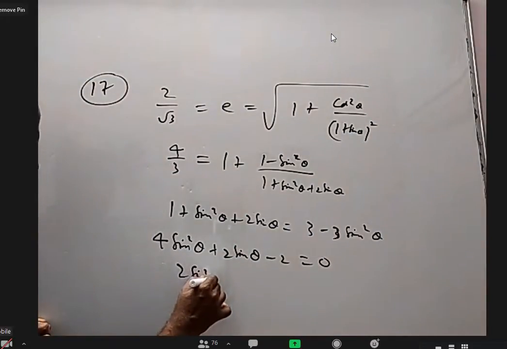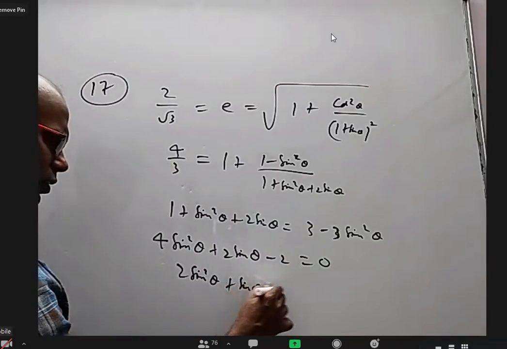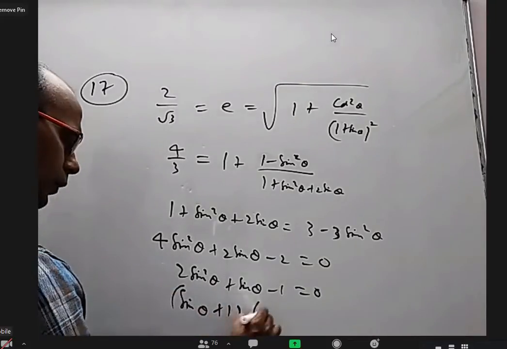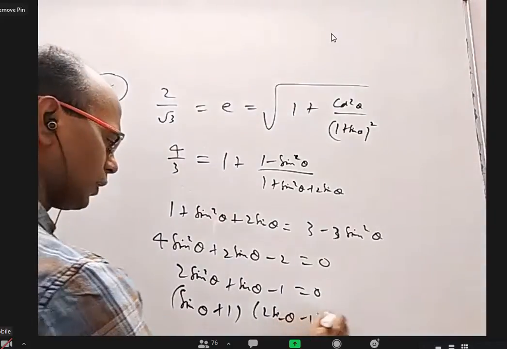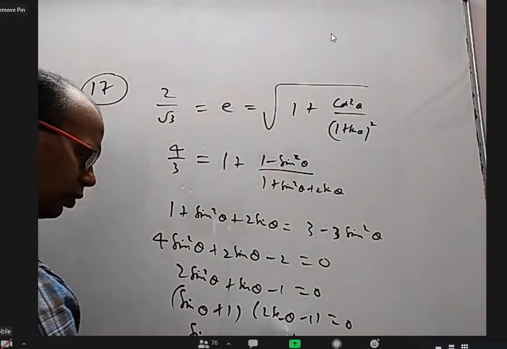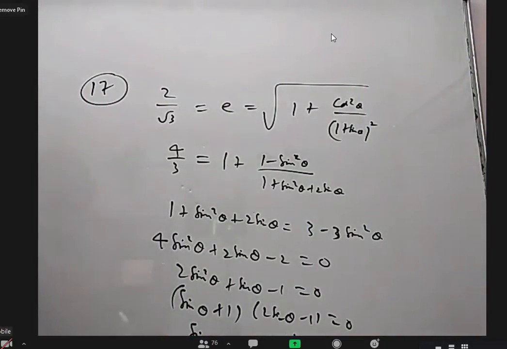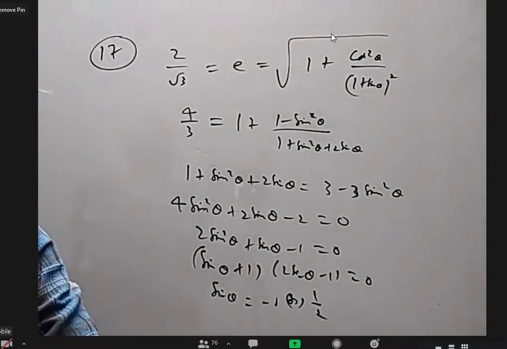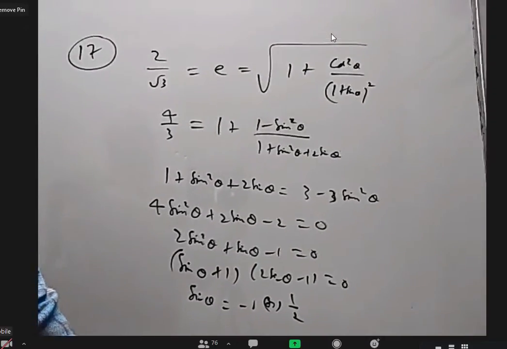That is 2 sine square theta plus sine theta minus 1 equal to 0. I think sine theta equal to minus 1 will satisfy. Sine theta plus 1 into 2 sine theta minus 1 equal to 0. Sine theta is minus 1 or 1 by 2. Minus 1 is not possible between 0 to pi, and 1 by 2 is possible between 0 to pi 2 times: 30 degrees and 150 degrees.